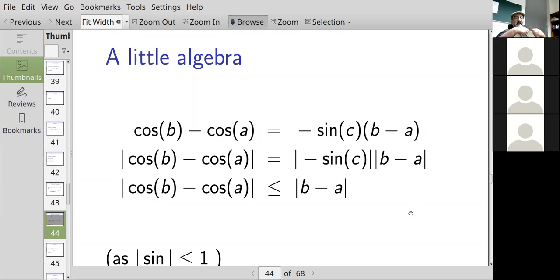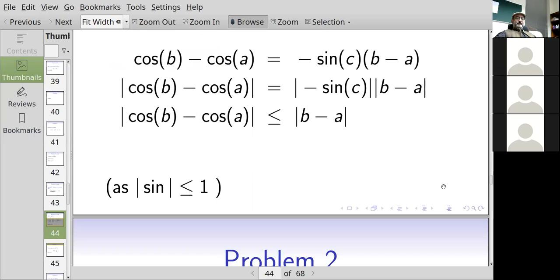So if I multiply the absolute value of x times the absolute value of y, then it must be less than or equal to 1 times the absolute value of y, which is the absolute value of y. Is that okay? Yes, sir. Okay.